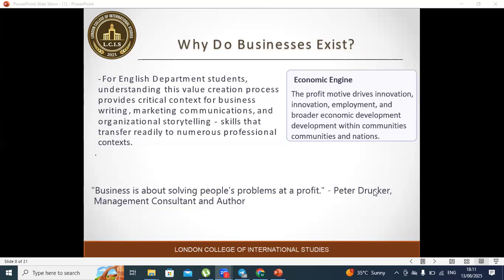So the profit motive drives innovation. I have money right now, so I can start new innovation. I can employ people in my company, and of course, this will give me a lot of money. So, Peter Drucker said business is about solving people's problems at a profit.